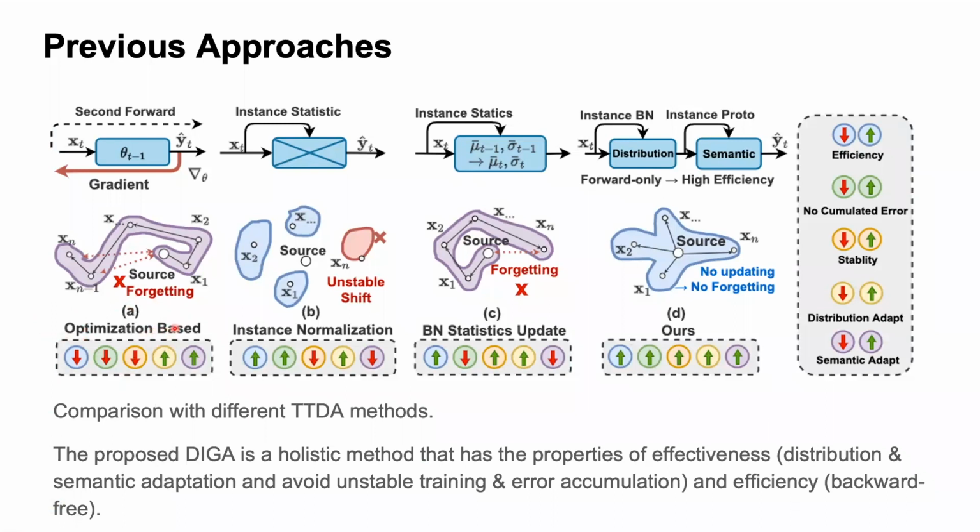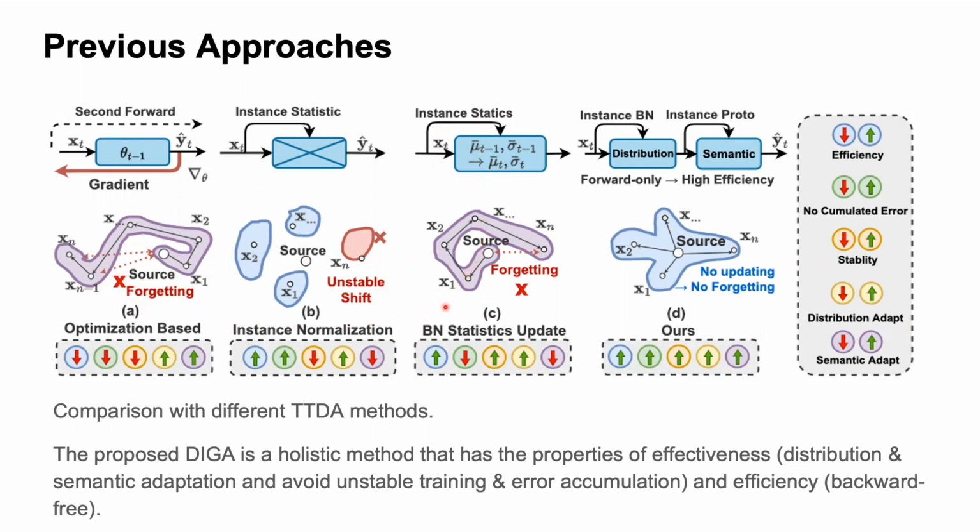The first one is optimization based, which means that they would update the parameters of the model in some source-free manner. The second one is instance normalization based, which means that they would change the normalization layer with instance information. The last one is BN statistics updating based, which means that they would update the statistics of the BN layers.